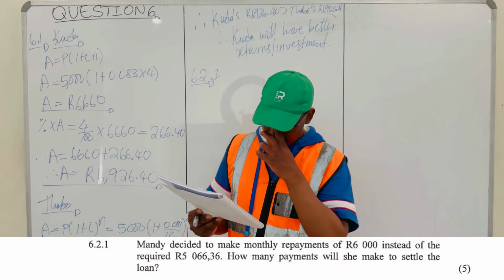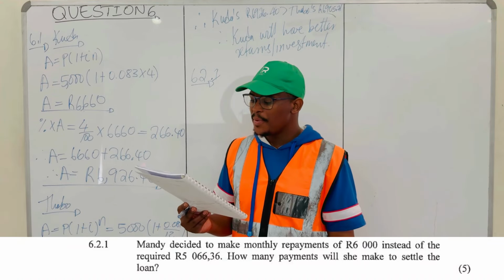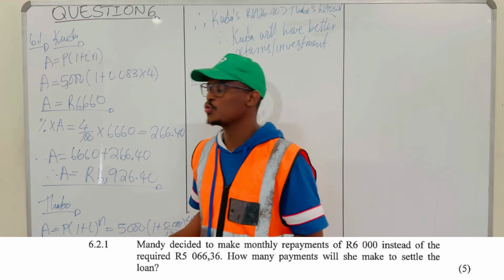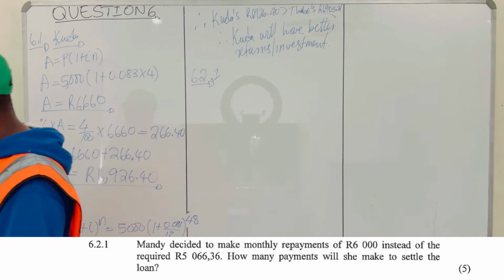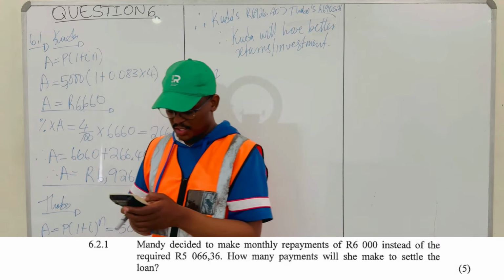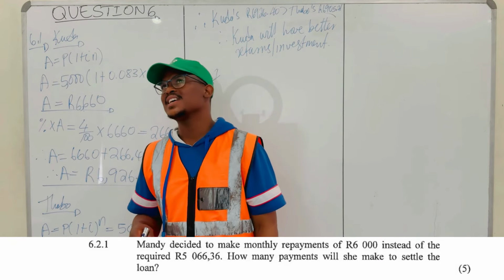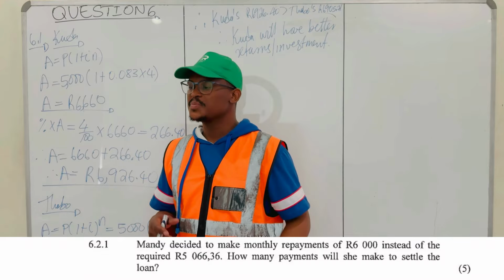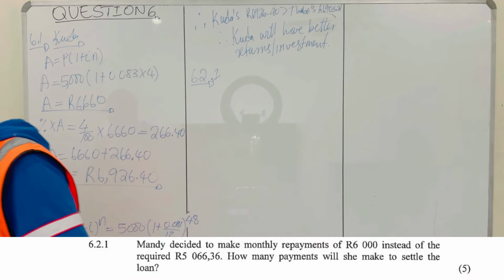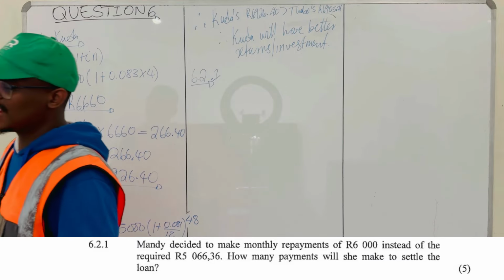Right. So they're asking how many payments she will make to settle the loan, which means how many payments she will make to the bank to pay the loan. Are you understanding me? Yes. So if Mendy was paying 5,066 rand 36 cents, she was going to pay the loan over 20 years.